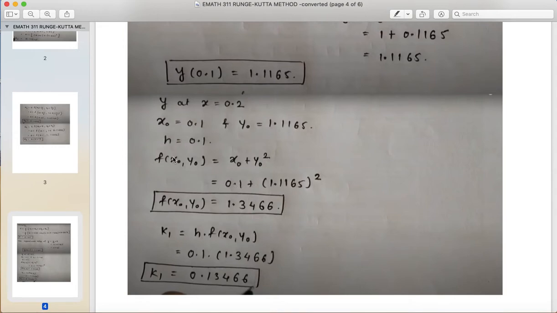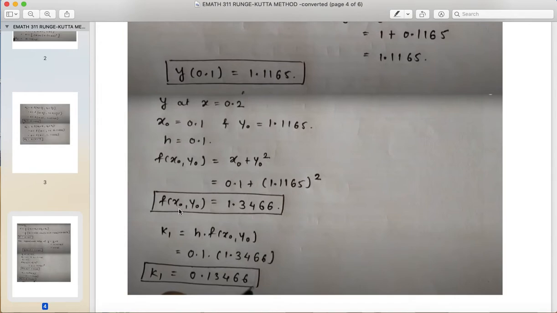We have the f of x naught and y naught equals x naught plus y naught squared, which is 0.1 plus our y naught, which is 1.1165. We need to square that one, since this is the formula in here.